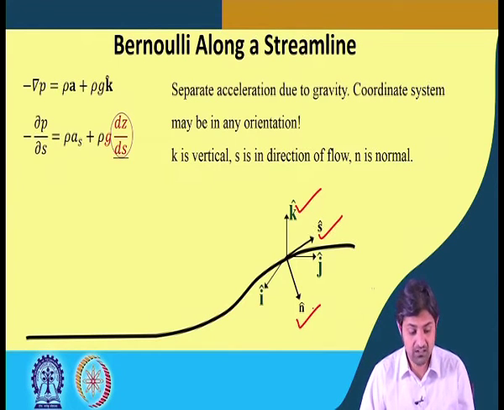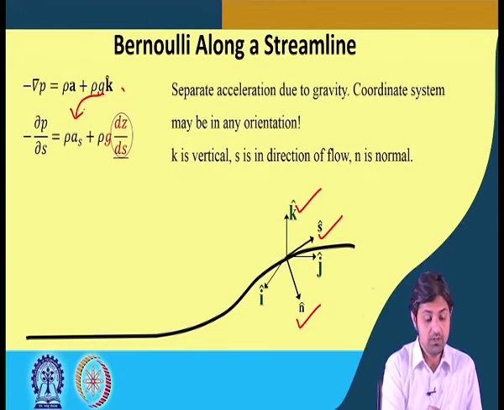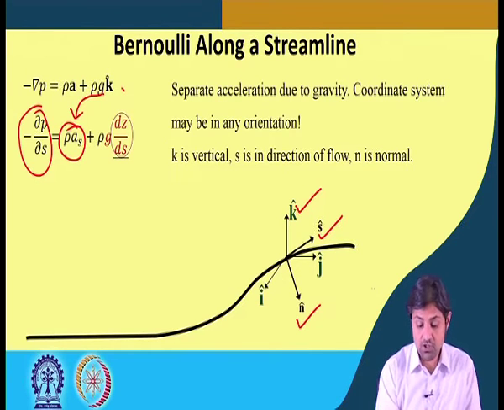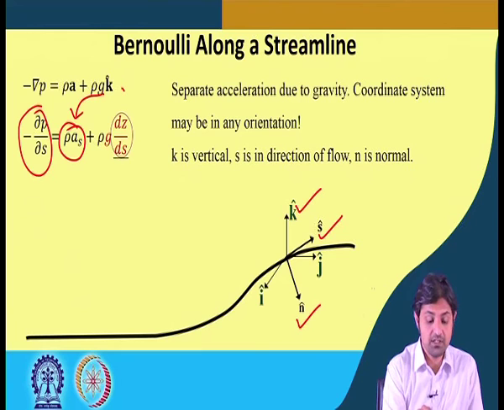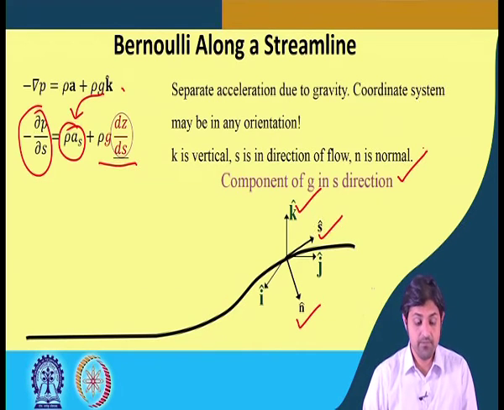So when we start writing this equation in component form, delta P in the S direction will be minus del P by del S is equal to rho into acceleration, and in that we have to take the component of g in the direction of S, and that can be written as rho g dz ds. Okay. So that is the component of g in the S direction.